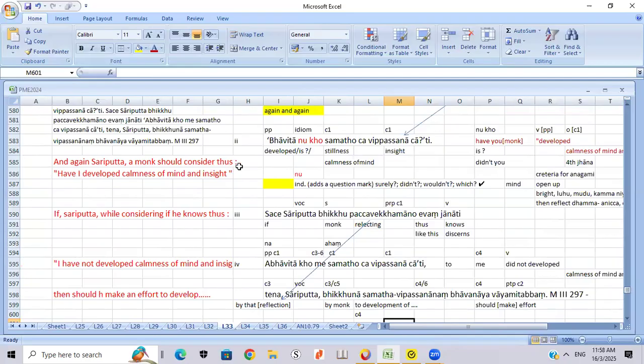Sariputta, a monk should consider this. Have I developed samatha and vipassana? Then in this case, when you ask, if is a condition.